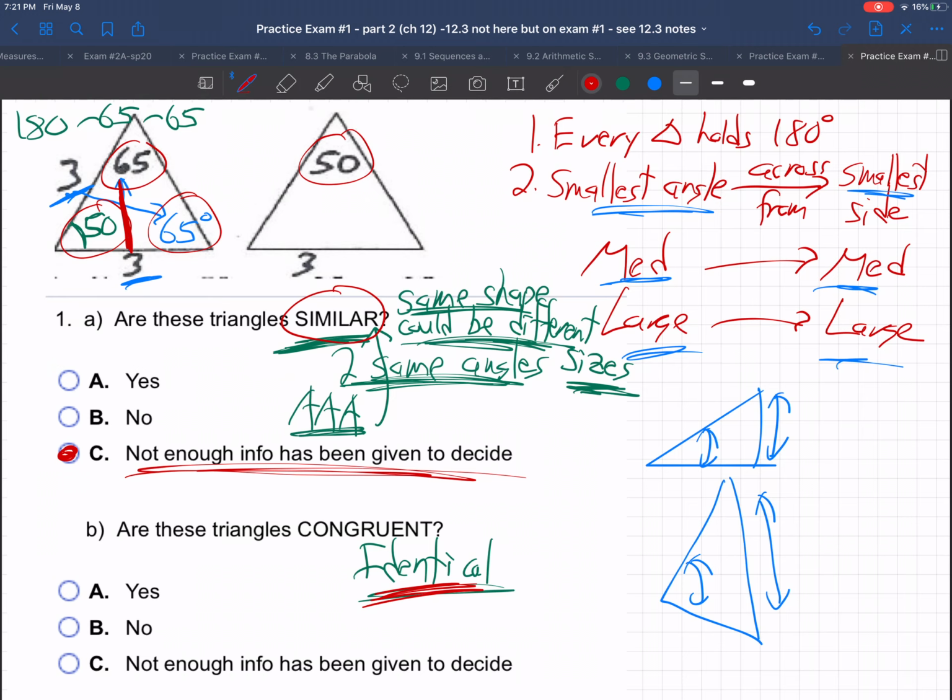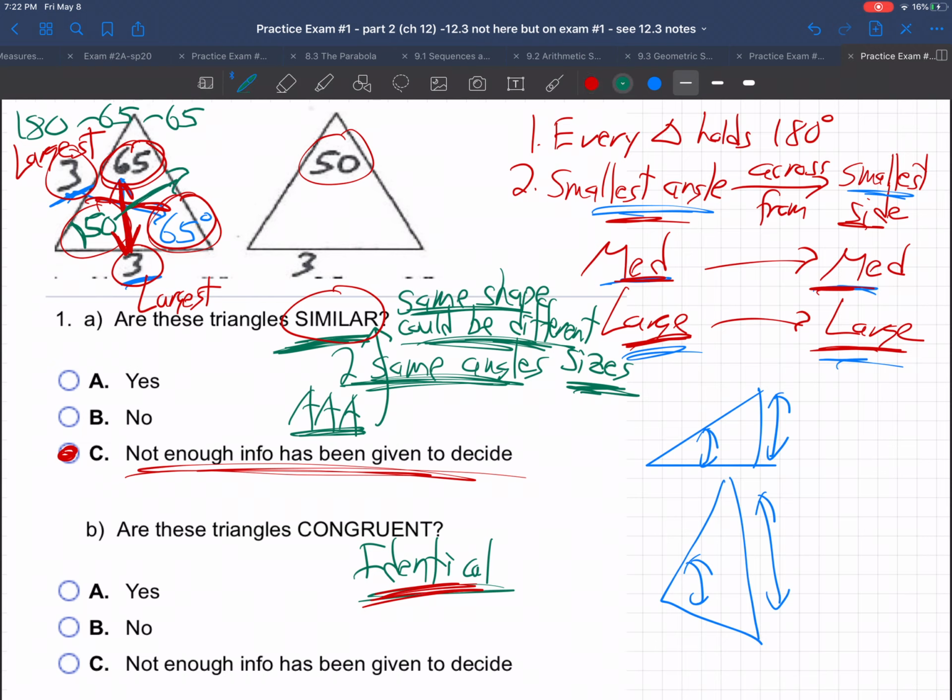Notice this 3 is across from the 65. 65 and 65 are the largest angles. So remember, across from the largest angle is the largest side, medium to medium, small to small. So this 3 must be the largest side in this triangle because it's across from the two largest angles.